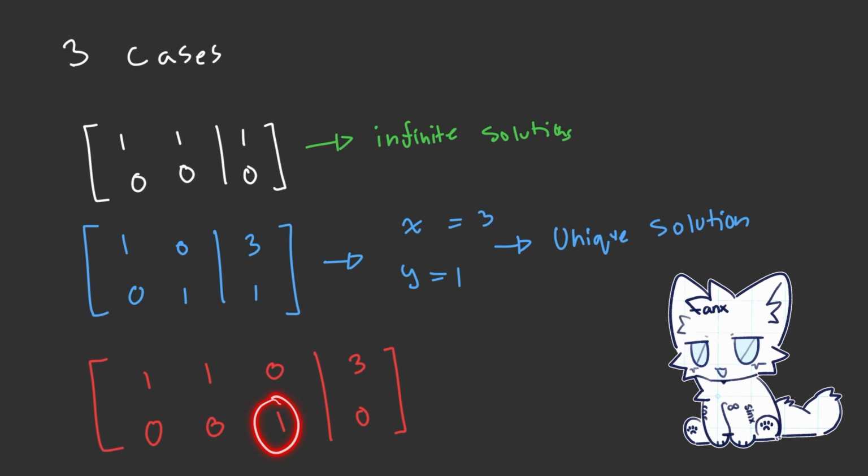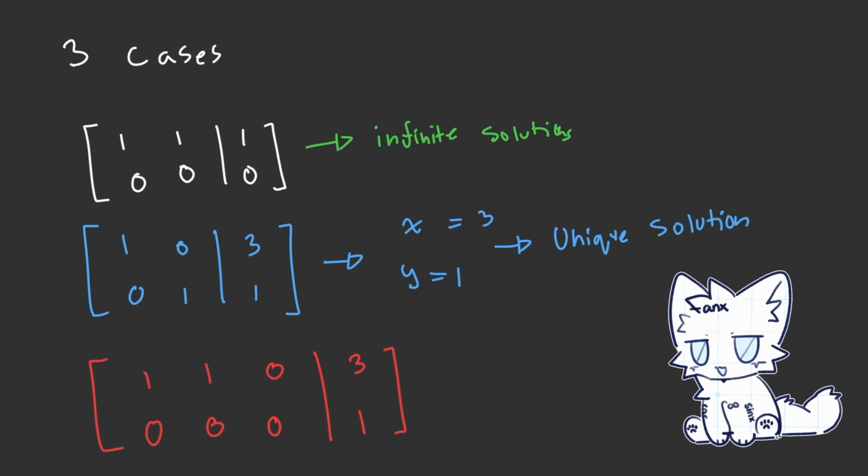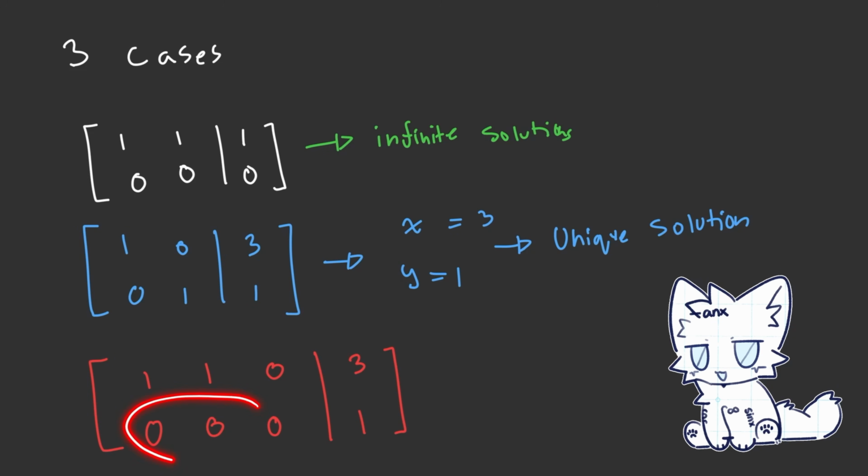This z here saying it's equal to 0. Actually, no, this should be switched. I'm so sorry. You'll see that it says 0x plus 0y plus 0z is equal to 1. That's impossible. So there's a contradiction. It doesn't make sense. Therefore, there's no solution. Okay?